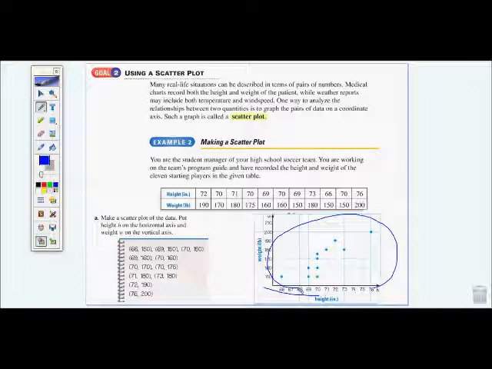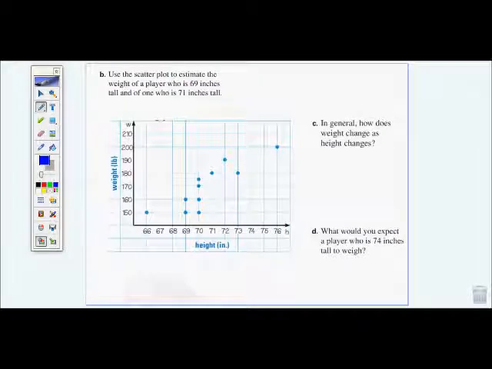So when I'm looking at each one of these, I decide the x-axis I have labeled as height, and the y-axis is labeled as weight. So I use those the same way I used the other coordinate points, my x and my y. Now, by using a scatter plot, we could use that to estimate.